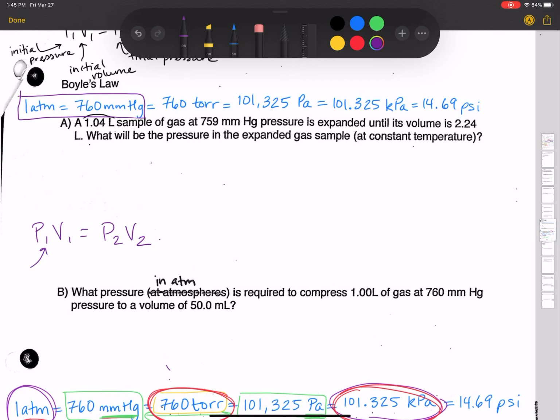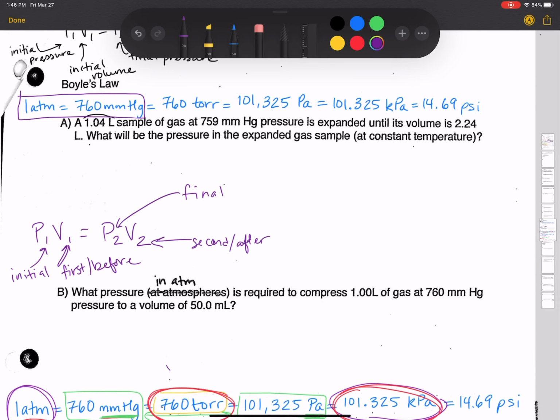If you see a 1, that can mean initial, or who was first, or what happened before. Whenever you see a 2, you can think of it as your final, or what happened second, or what happened after.